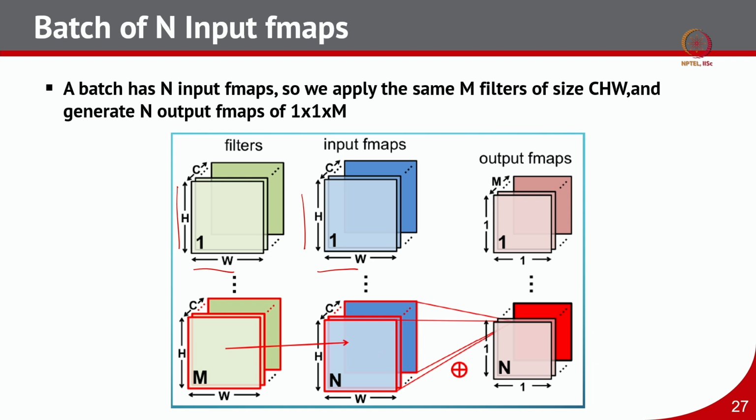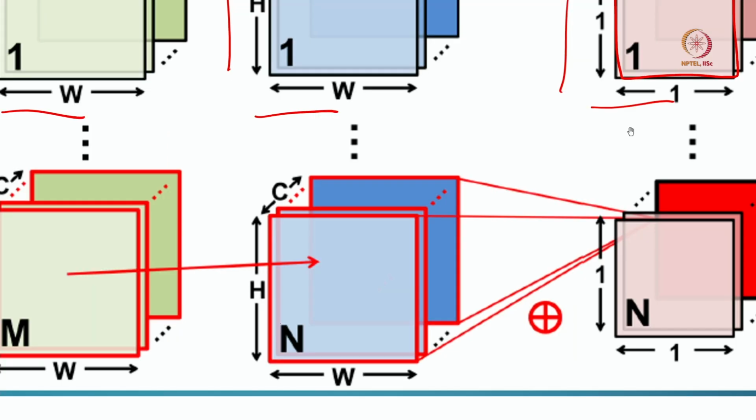So, if we have a fully connected layer, then the output size will be just 1 by 1. So, that is why you can see this is just 1 pixel. Okay, although you can see a square, the size will be 1 by 1, because the size of the filter and the size of the input feature map is exactly the same. You can do it mathematically also, right.